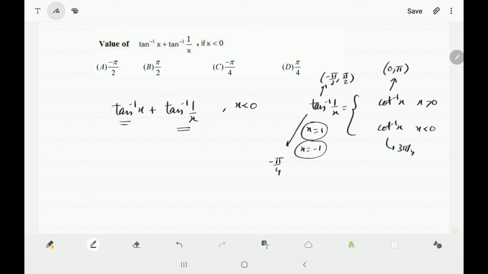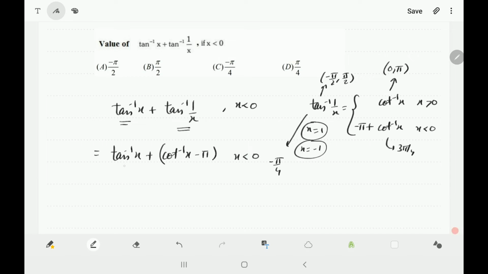To match left hand side and right hand side, we have to add a multiple of pi, that is, minus pi. So it will be minus pi plus 3 pi by 4, which gives minus pi by 4. So tan inverse 1 by x can be written as cot inverse x minus pi for x negative.